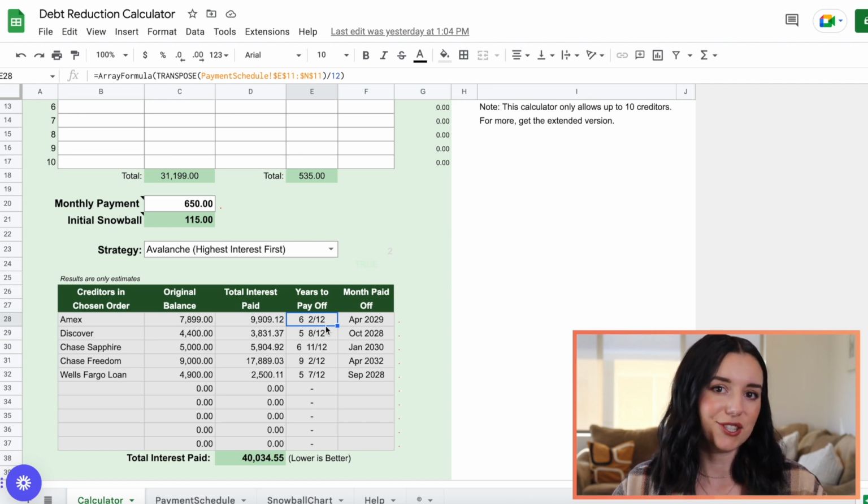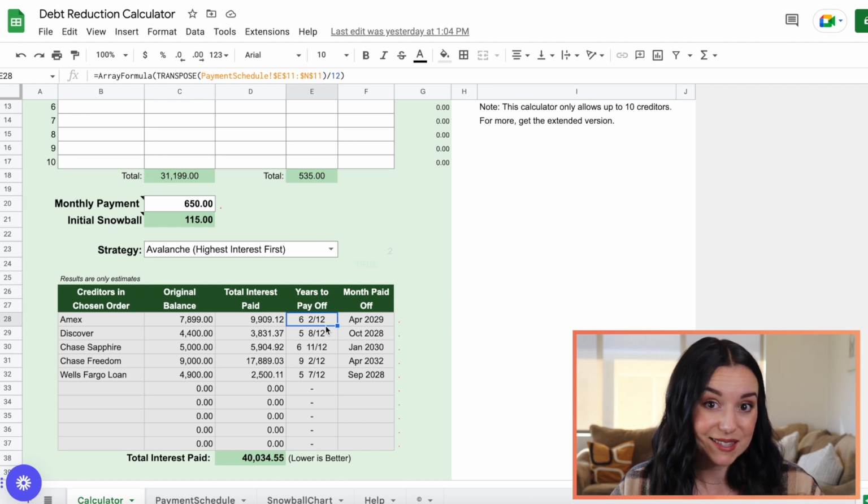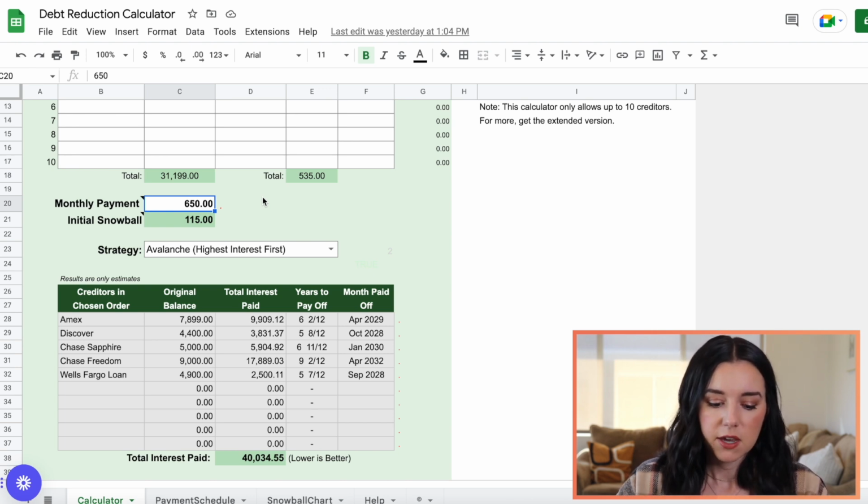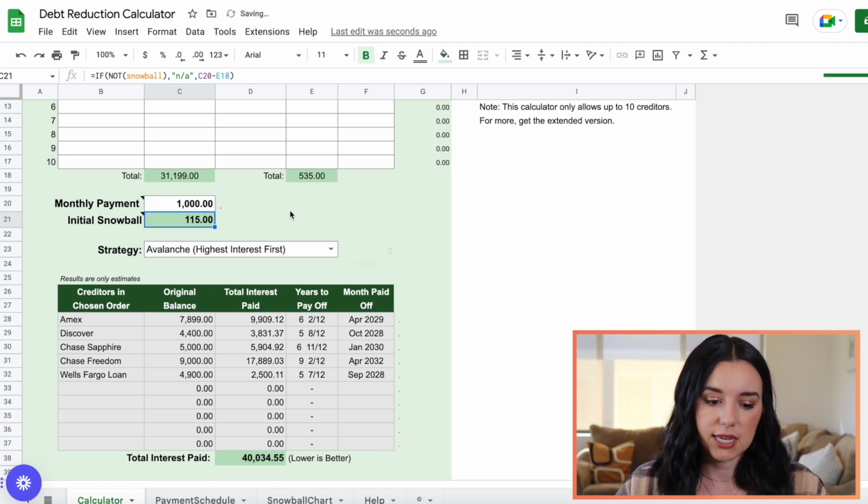Now, I'm betting you don't want to be making payments for the next 6 years to pay this off. So that means we have to increase the amount of extra income we're putting towards that debt. So what if I put $1,000 all in towards that specific debt? So that's an extra $465 towards my credit card debt.